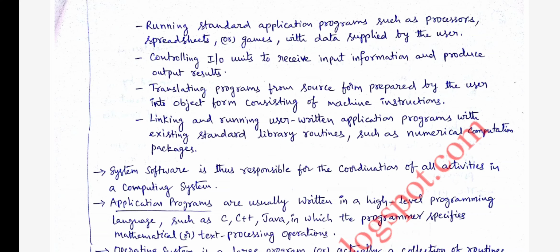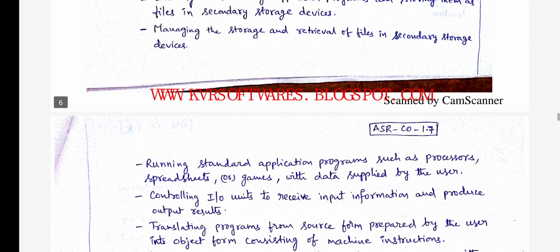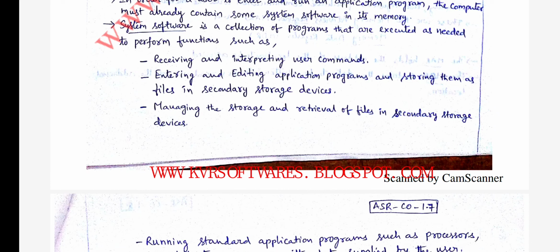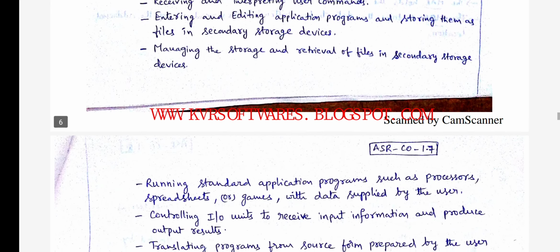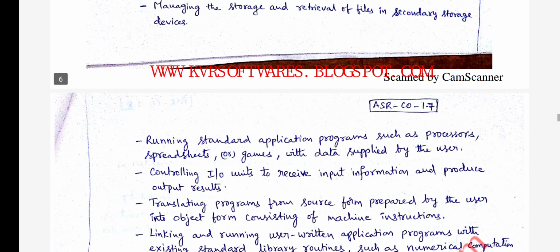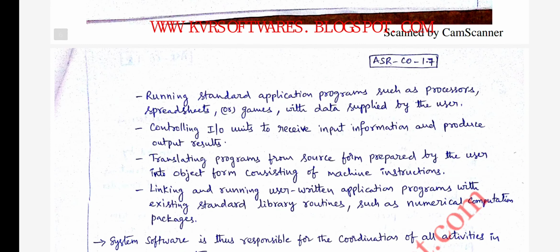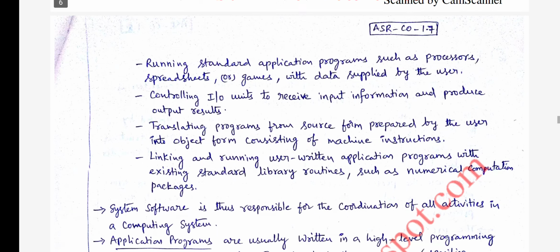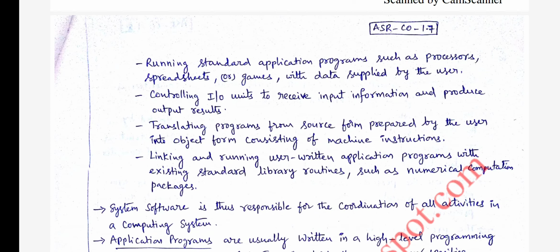See, system software is the software which is used for system purpose. Operating system is said to be a very good example of system software. So for the purpose of executing all applications inside the system, there is a need of system software.